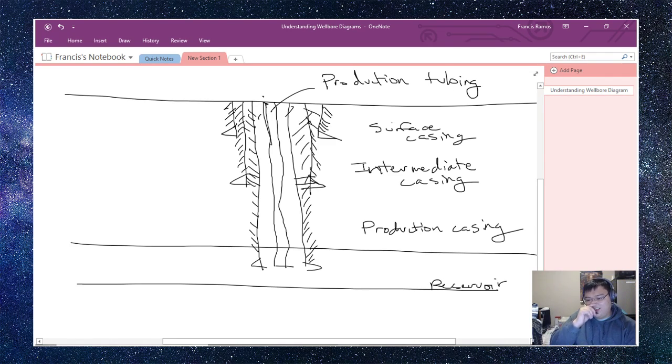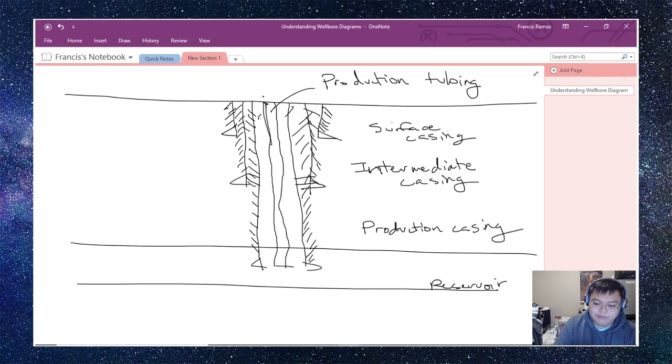And production tubing is similar to casing. It's made out of the same materials. It's just named differently based on the function. And basically, this is where all of your fluids come up through. And this right here is pretty much your basic wellbore diagram.